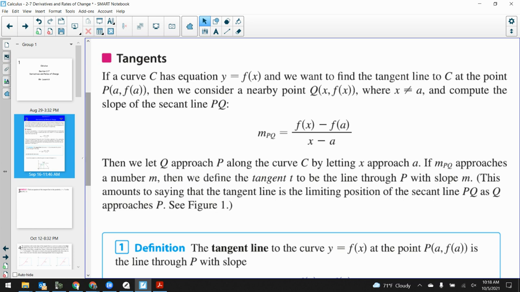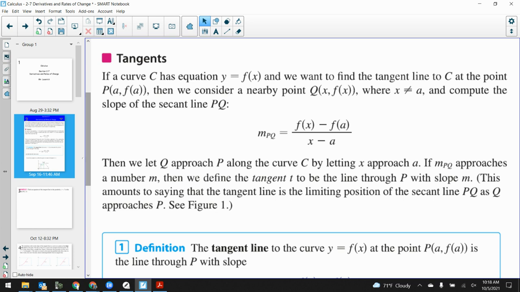You need to specify where you're finding the derivative, because it'll change depending upon the curve. So I need to say a given point. So we want to find the tangent line to C at the point P, which is the point A comma f of A. So that point has x value A, and f of A. Wherever I plug in that x value, that's what I get out.